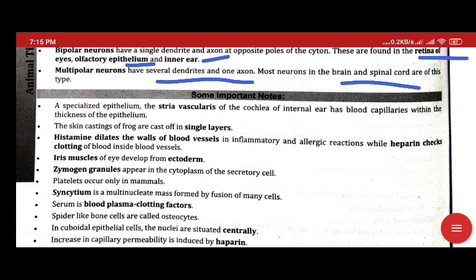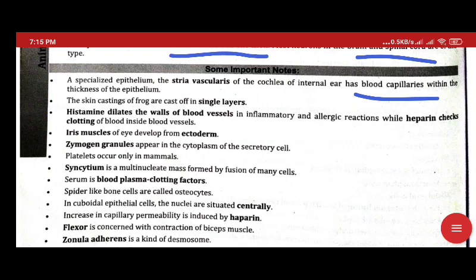Now some points you should remember in short. Skin casting is single layer in the frog. We have five layers, and we should study skin in the next upcoming class. Platelets are in mammals only.